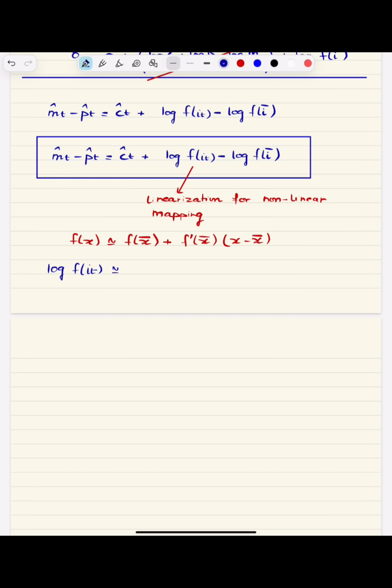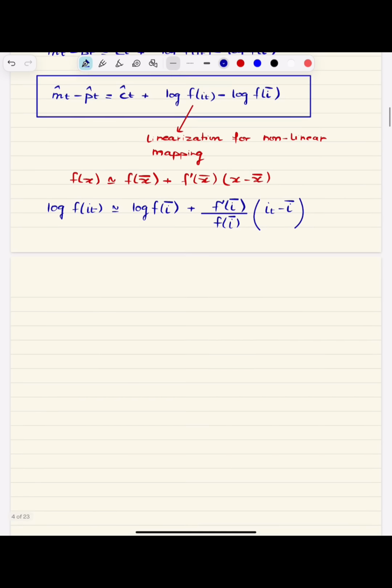The value of this function at the steady state is just i taking on the value i bar. The derivative is 1 over f i t, and the derivative of f i t in the numerator, and we evaluate this at the steady state, so it is equal to i bar, and then we have an i t minus i bar.